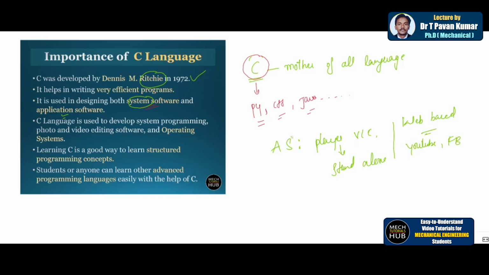They're all application software. Under this also C language is very much helpful, C coding system is very much helpful. Other than this, one more is system software. Coming to system software, here is, you can say, drivers.